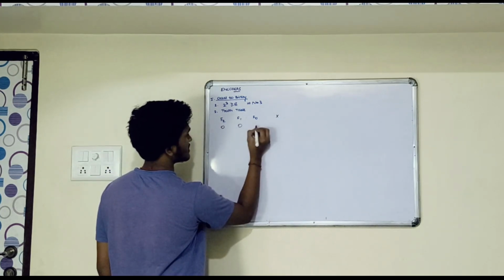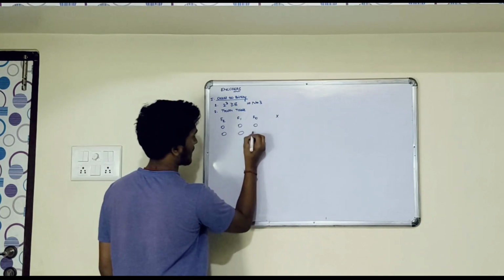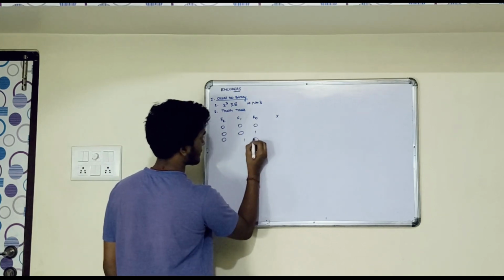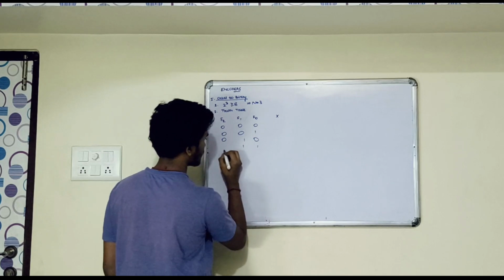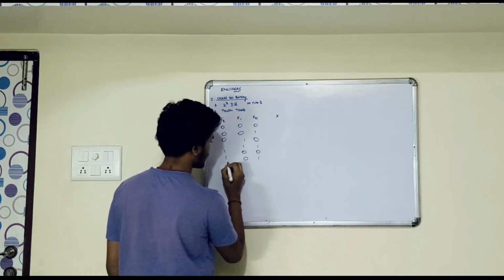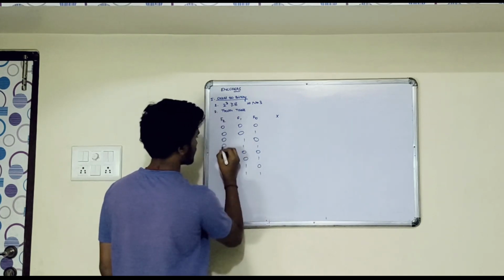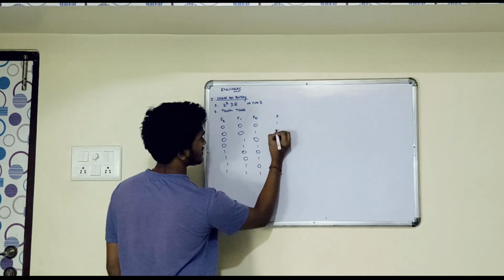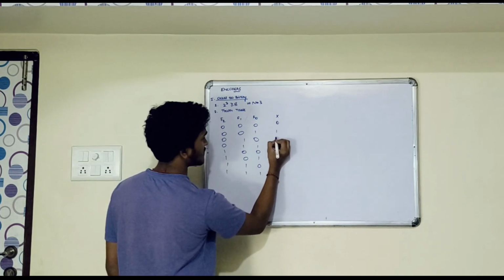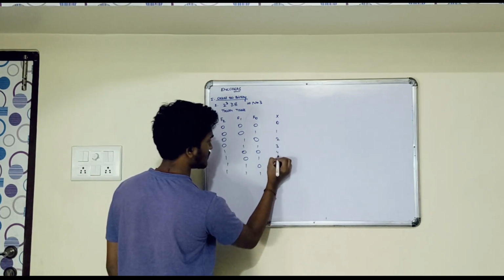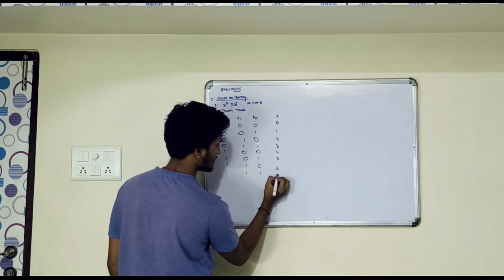So let's write it down. And let's number it here 0, 1, 2, 3, 4, 5, 6 and 7.